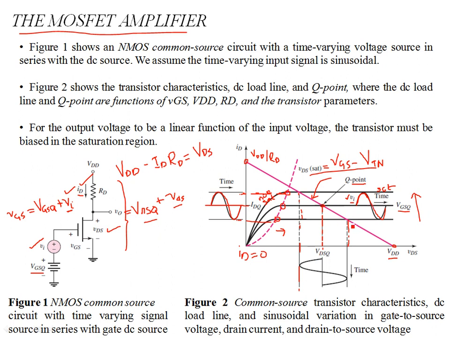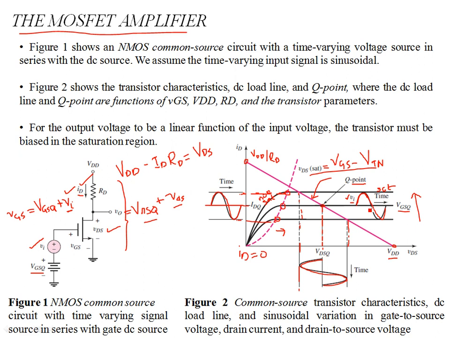So you linearly reproduce an output. This I is mapped from these curves onto the output voltage VDS, so you see this swing is determined by the Q point.